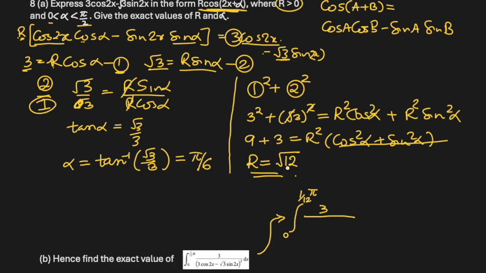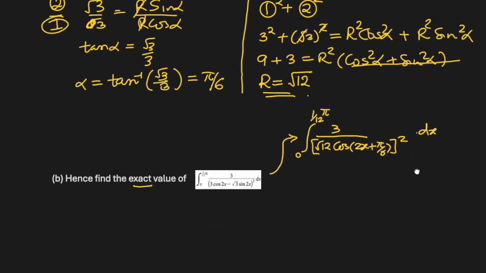R is square root 12. And then cos 2x plus alpha, which was pi by 6. And this whole thing is squared. Can you see? It is a square of the whole, and dx. This is what we have to find the exact value of.